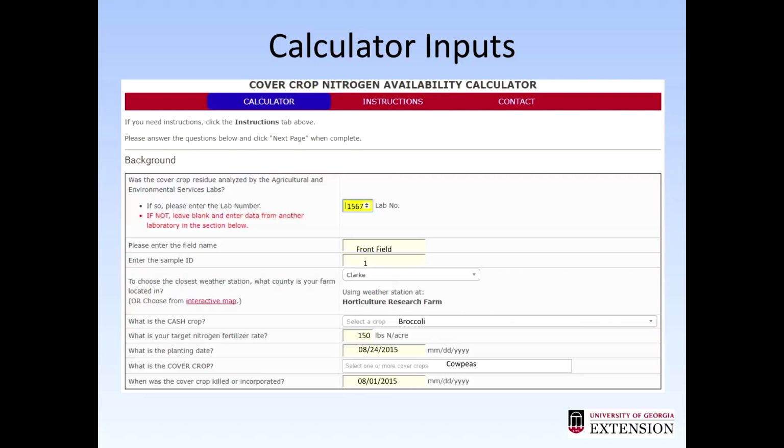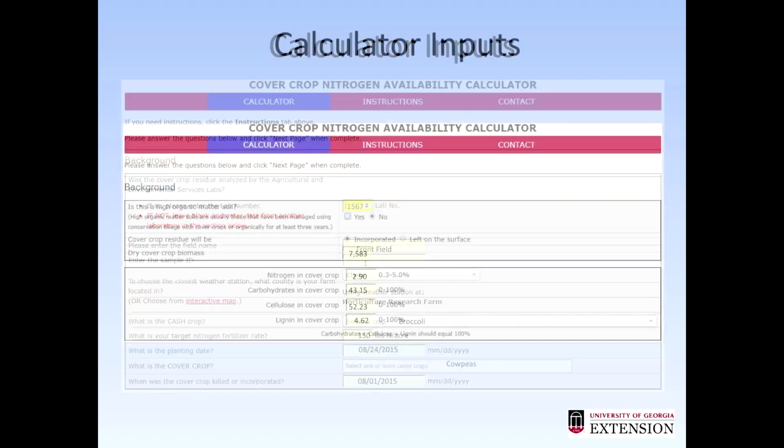When they put in their crop, it pulls in through our crop codes what the target nitrogen rate should be. For broccoli, it's 150 pounds per acre. It asks them what the planting date is. This is a fall broccoli planting example. We had cowpeas as our summer cover crop, and then it asks you when the cover crop was killed or incorporated.